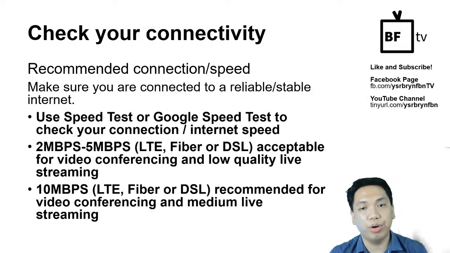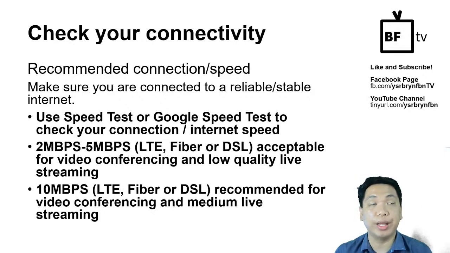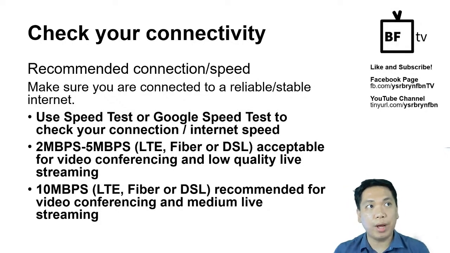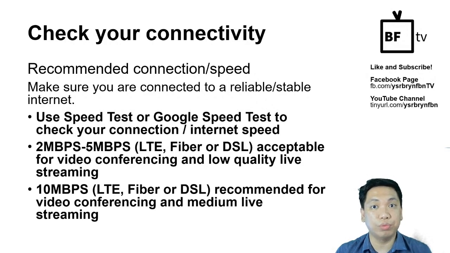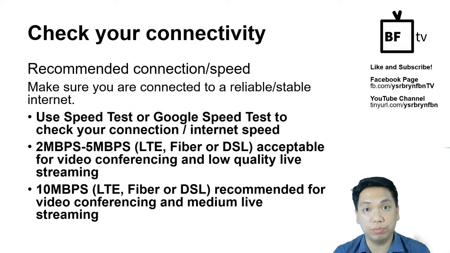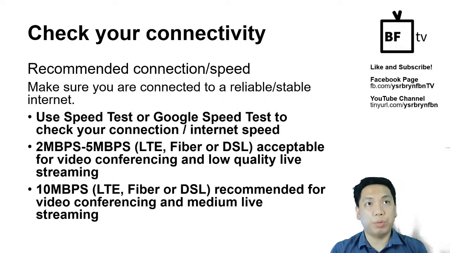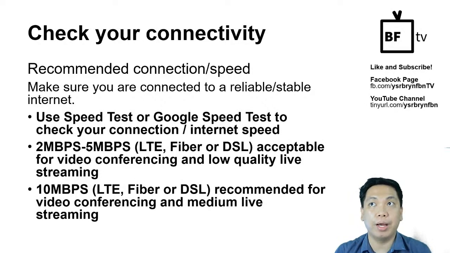So make sure you are connected to a reliable and stable internet. For those using mobile or LTE, you can check the performance of your telecom provider using your phone. If your experience on your phone is unstable, most probably that will also be the performance if you buy a mobile wireless modem from that specific brand.